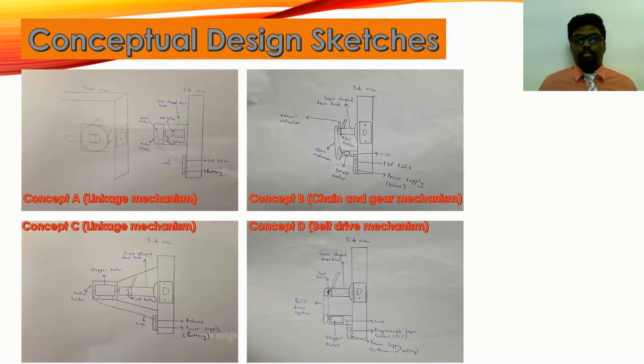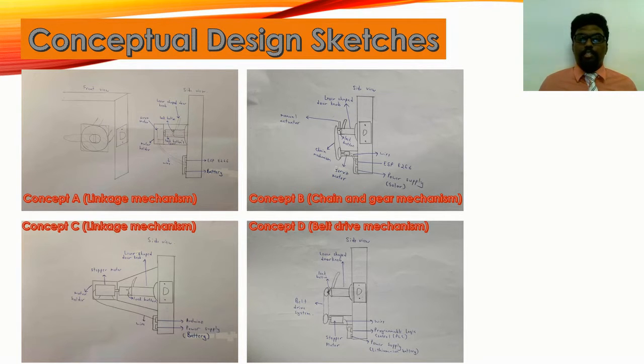Concept B uses a chain and gear mechanism, and the power supply is solar. The third concept, concept C, is a linkage mechanism, but different from concept A. This uses a different linkage, where the support is only at the bottom.